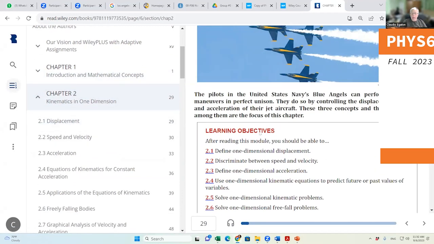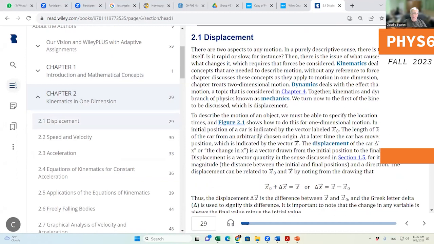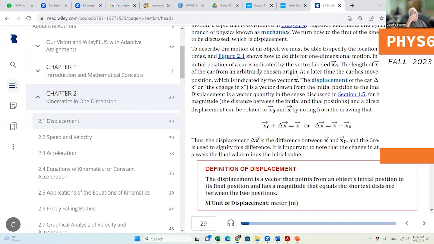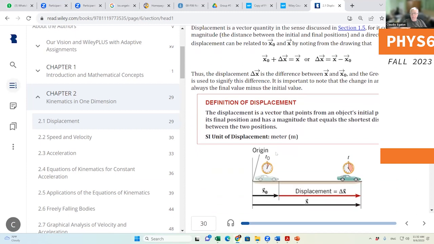Let's see what notation they use here. Yeah, he used x naught, but he's using vectorial notation. We're going to get to vectors later on. I don't like to jump into vectors right away. I prefer to use the one-dimensional case first, and then we worry about vectors later on. But he used x naught.